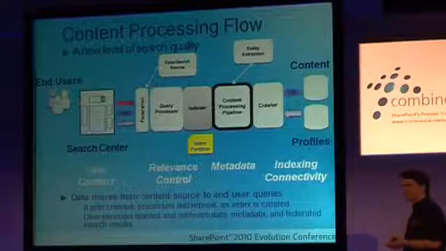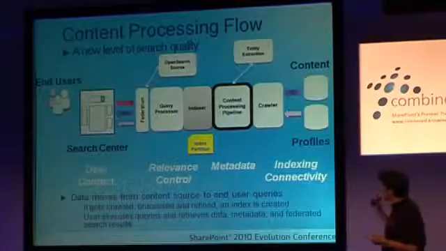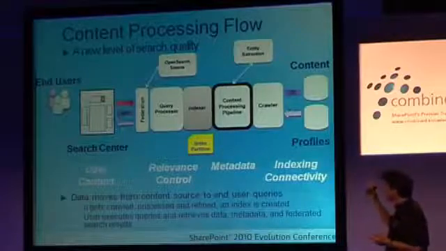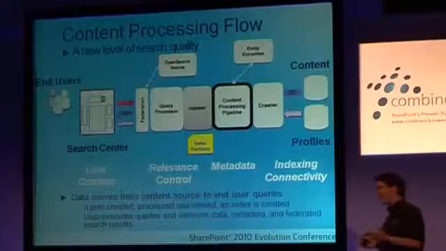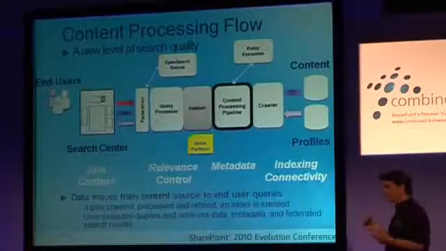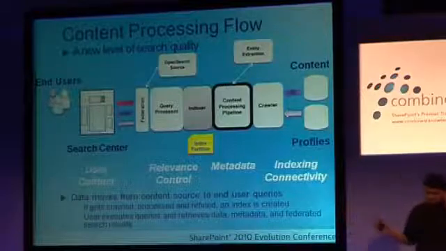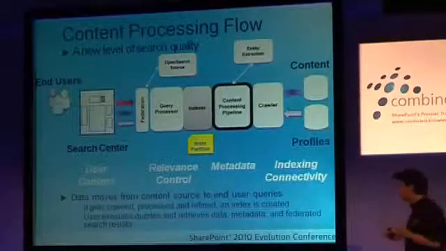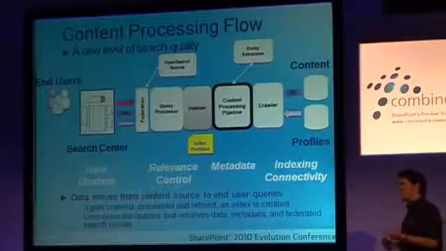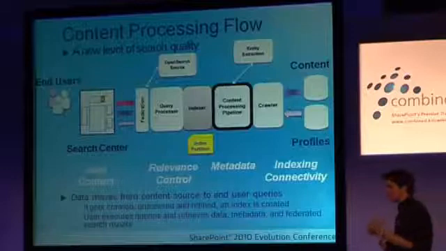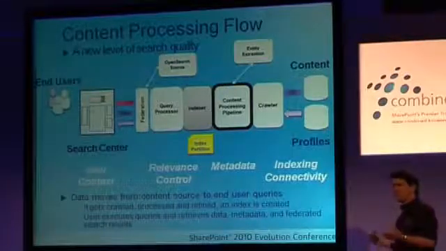We can specify entities, and then before the index is generated, we can extract all of that content using entity extraction and plug that into refiners. We'll look at deep refiners around the end user enhancements. Basically, this allows us to generate a dynamic taxonomy on the fly based upon search results, and then drill down into the search results very quickly based on the entities we've extracted from the source information.